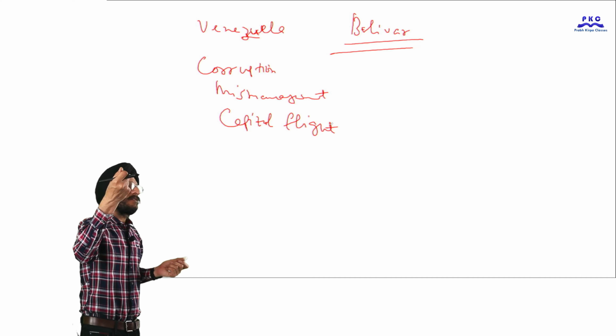Second point is monetary policy. Sometimes, to boost the economy, the central bank of a country may reduce the interest rates.